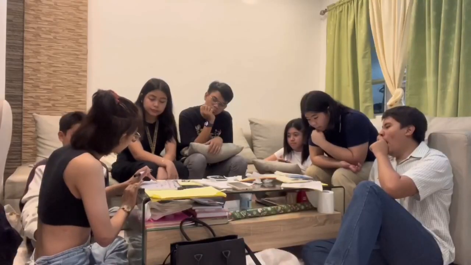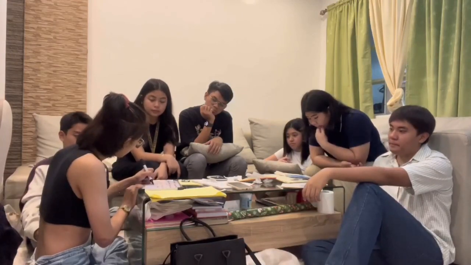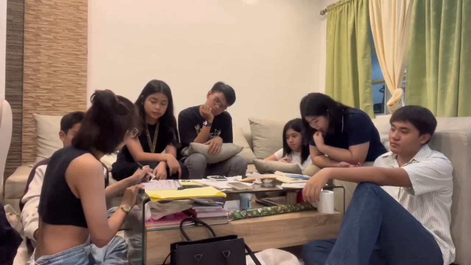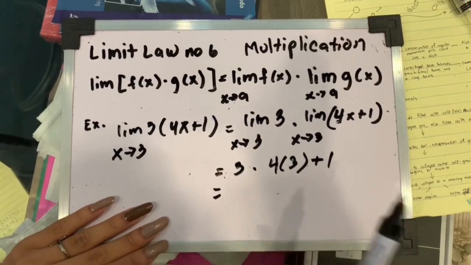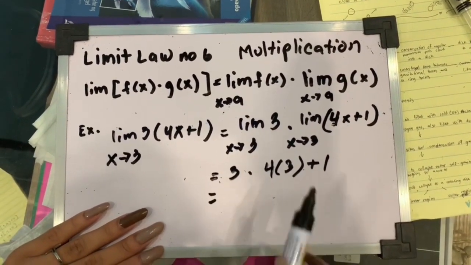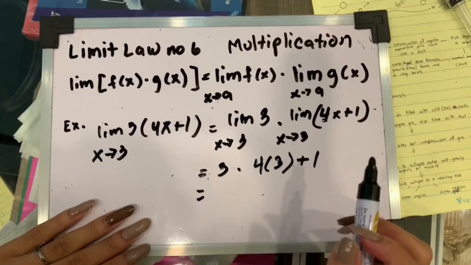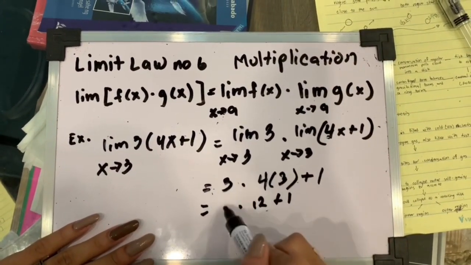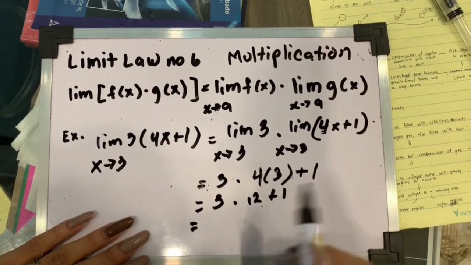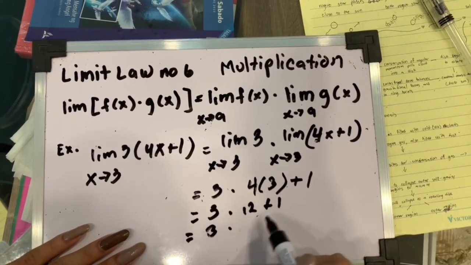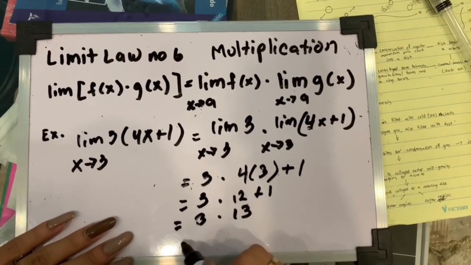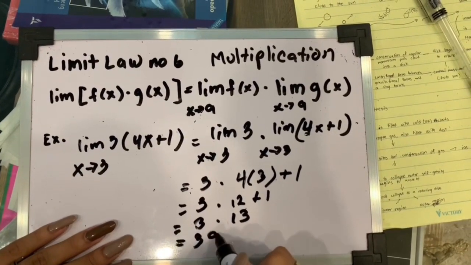So, yung 3 na bring down lang, times yung x, i-distribute siya sa x dito sa may 4x plus 1. So, magiging 4 times 3 plus 1. So, yun yung 3, 4 times 3 is 12, plus 1 is 13. So, 3 times 13 is equal to 39.